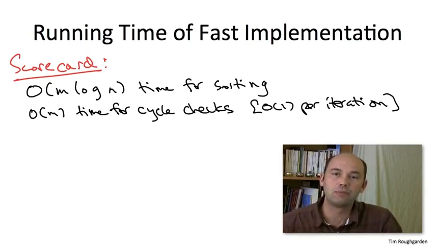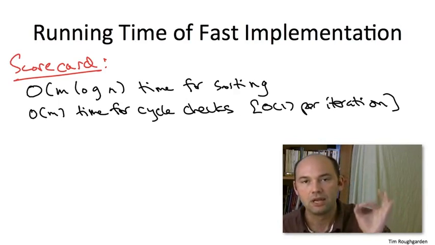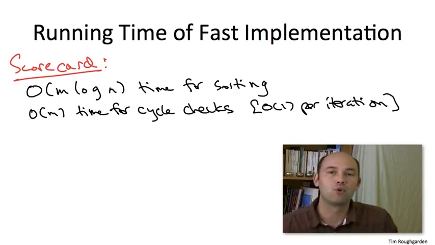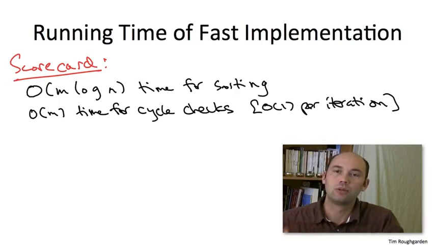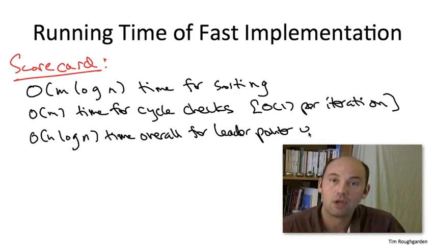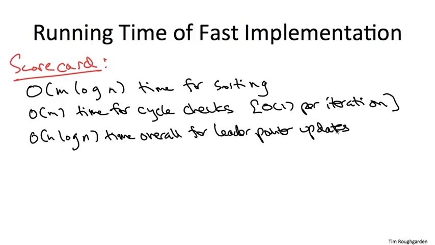On the previous slide, we observed that a single vertex is only going to endure a logarithmic number of leader pointer updates. So summing over all of the n vertices, the total work done for leader pointer updates is only n log n. So even though we might do a linear amount of pointer updates in just one iteration of this for loop, we still have this global upper bound of n log n on the total number of leader pointer updates. Very cool.